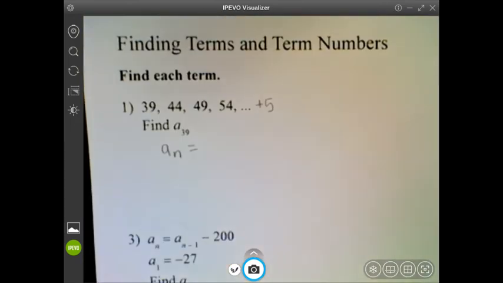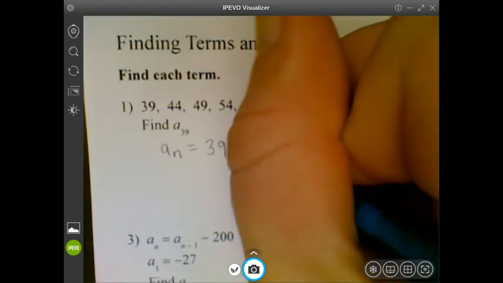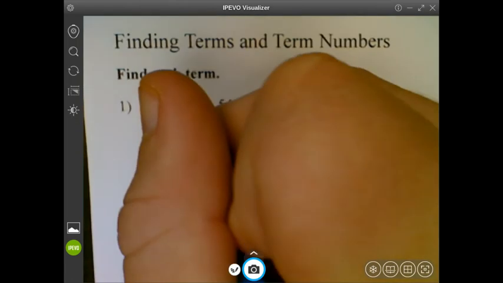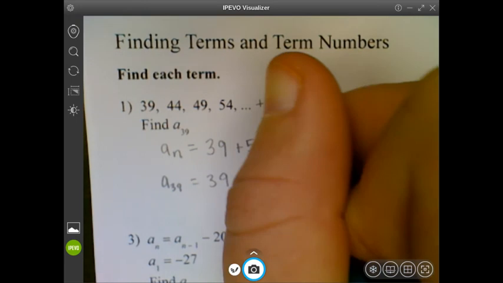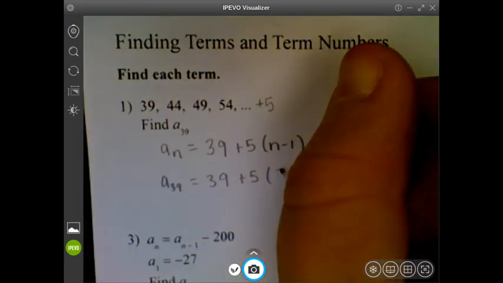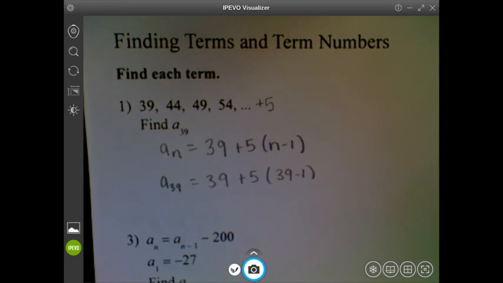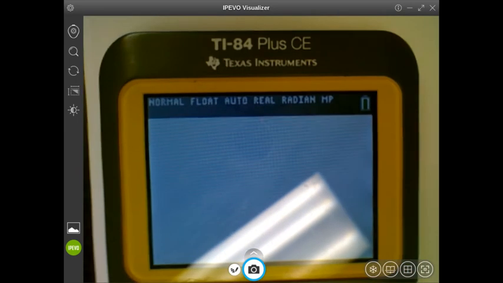So highly recommended that you use your explicit formula that says, a sub n, any term you want to find, start with the first term, 39, and add 5 times n minus 1. You can specifically find the 39th term by plugging in 39. So you're probably going to want a calculator here, whether on your phone or on the computer.